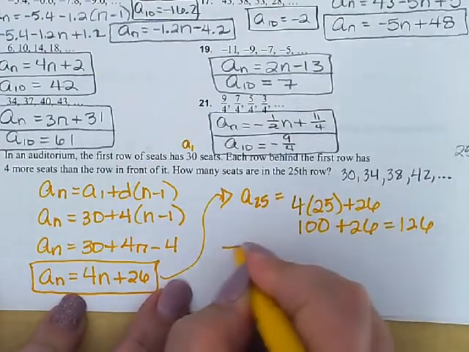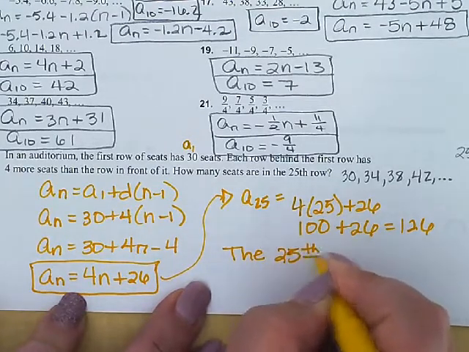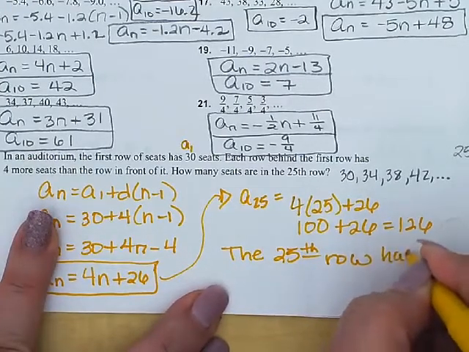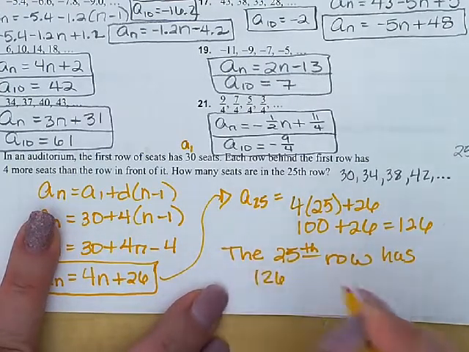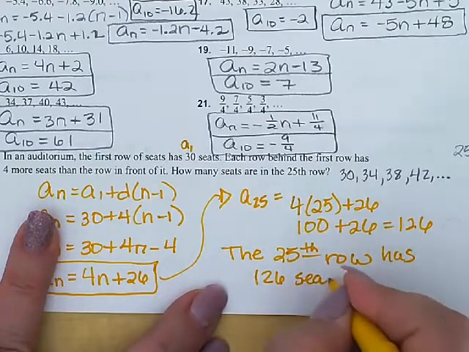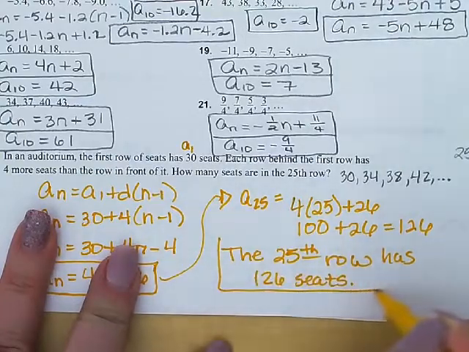So the 25th row has 126 seats. That's a big auditorium. Okay, so there's our answer.